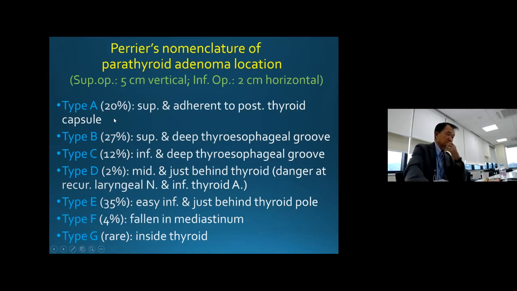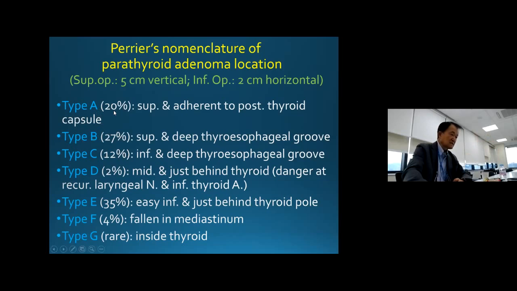And the next common is superior, but deep. Deep means we call it the thyroid esophageal groove, very adjacent to the esophagus, deep. So deep requires a vertical long 5 centimeter resection.